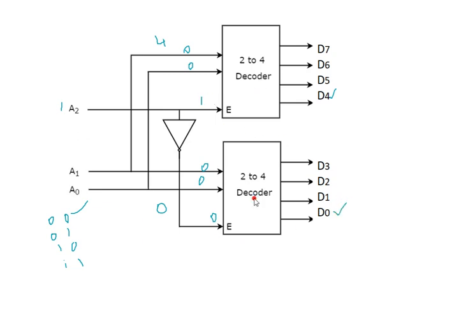So the first output is obtained. Next I am giving 0 1, so this is 1 and this is 1. 1 1 0 means 6. 0 1 0 means 2. Observe carefully, this is the way we have to draw the truth table.